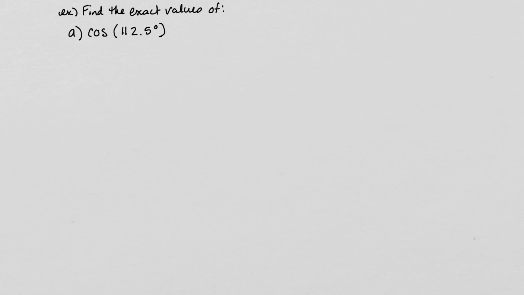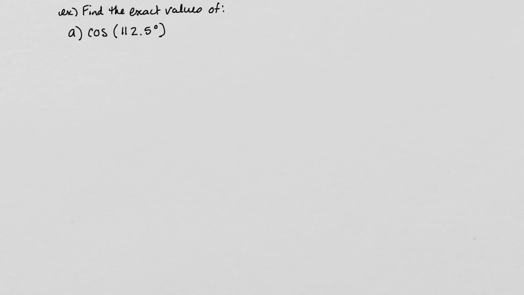Okay, so 112.5 degrees is not something that is on the unit circle, right? So it's not a value that I'm just going to be able to look up. However, if you were to double 112.5 degrees, what is that? 225.